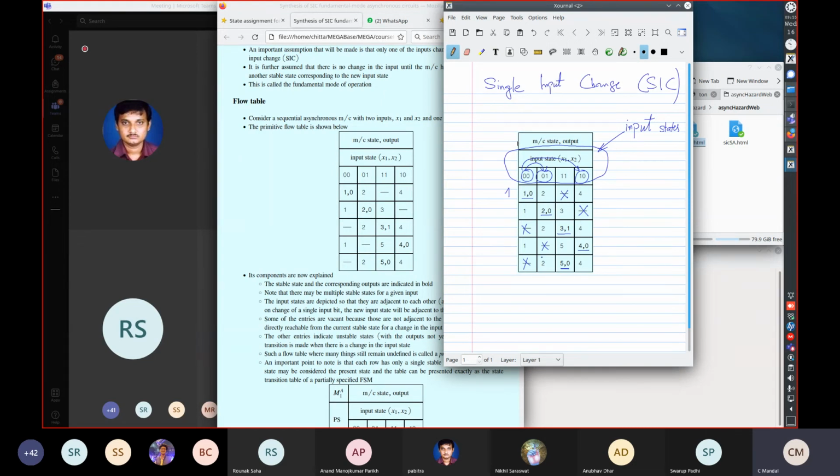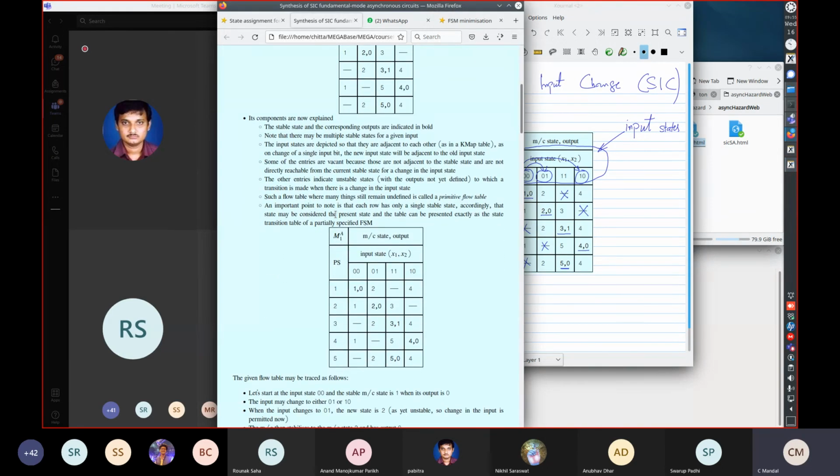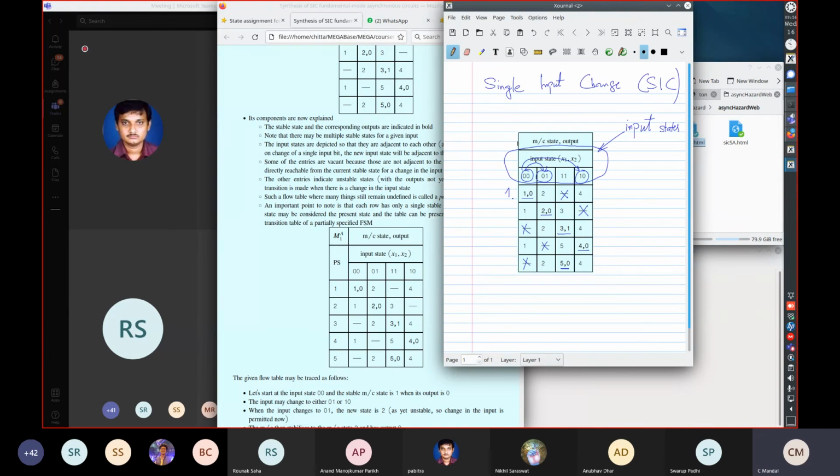All right. So you understand that. Although it is asynchronous, we can now proceed with optimizing the states in much the same way as we did for incompletely specified machines.